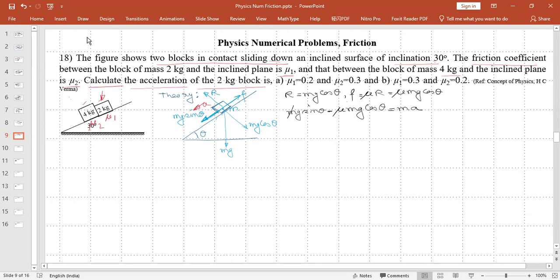From here, all m gets cancelled. So we find acceleration A is equal to g multiplied by sine theta minus mu cos theta.